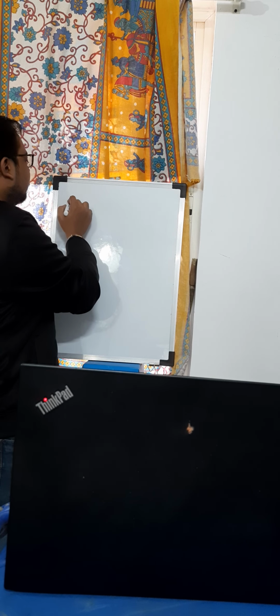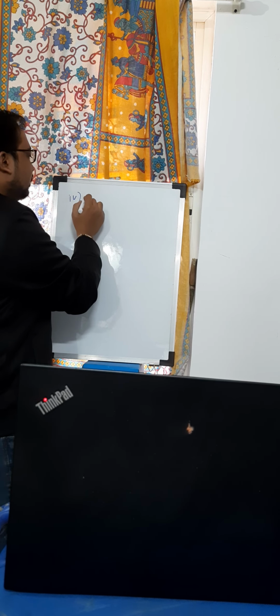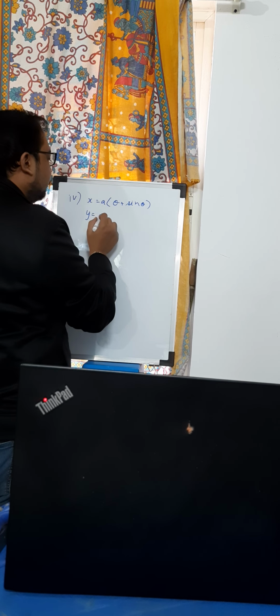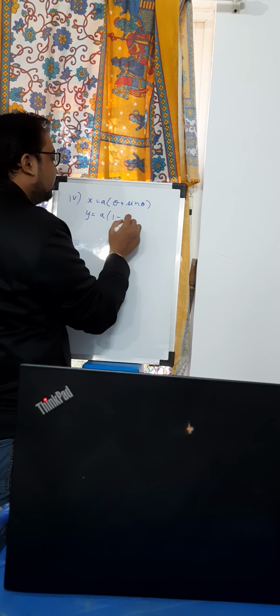So they have given in the fourth one x is equal to a theta plus sin theta, and y is equal to a 1 minus cos theta.